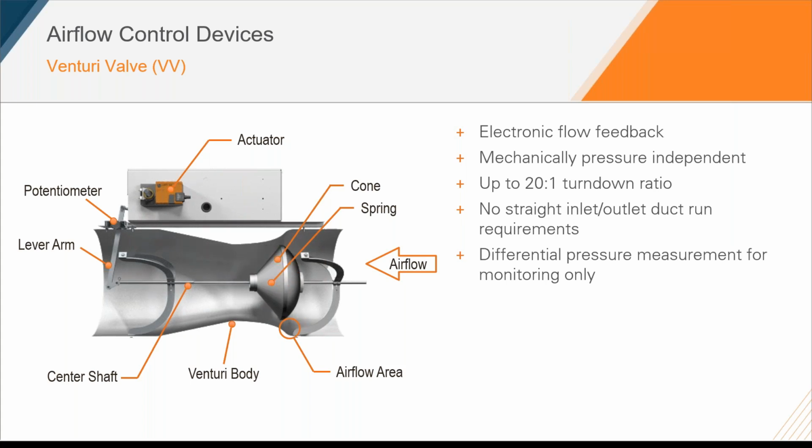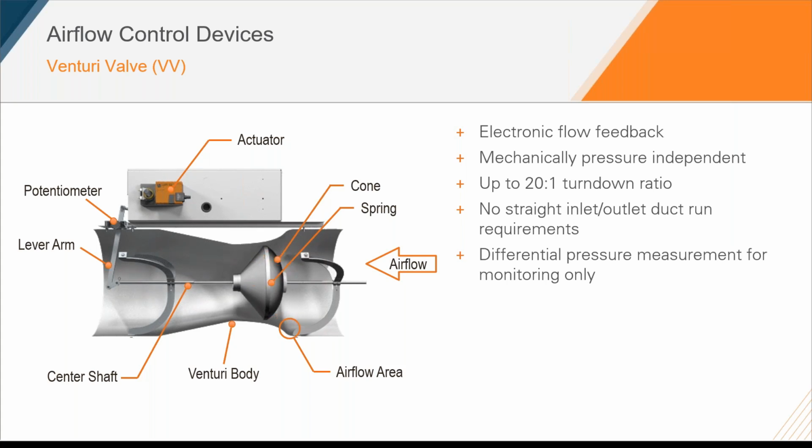Again, just to summarize, with the venturi valve, we're relying on electronic flow feedback through the potentiometer. This valve technology is mechanically pressure independent because we have a cone spring inside the valve, essentially allowing us to control airflow mechanically independent of the pressure fluctuations.